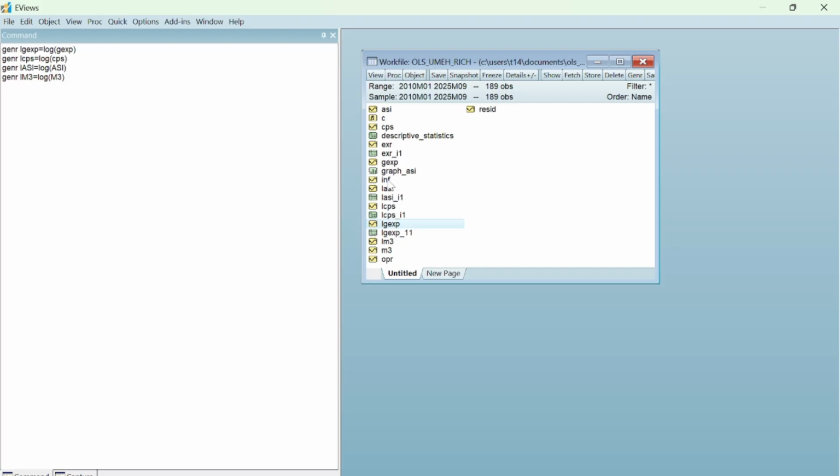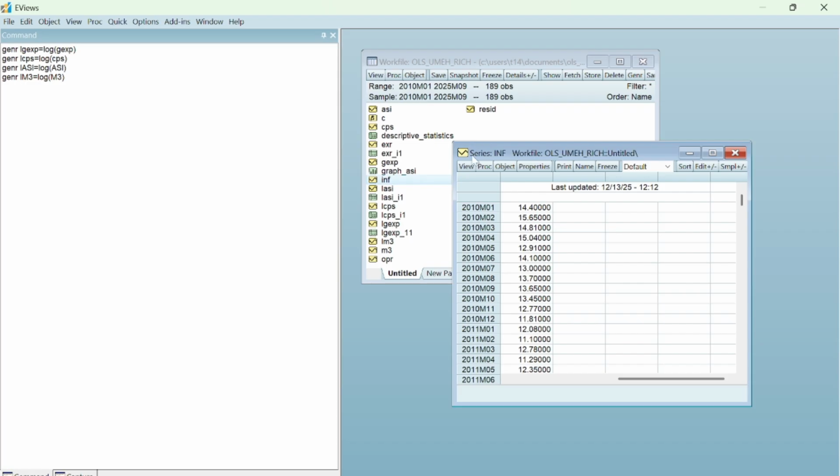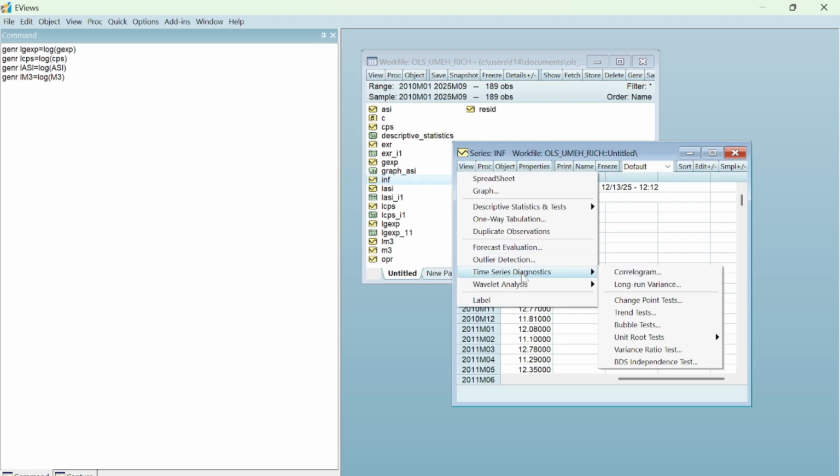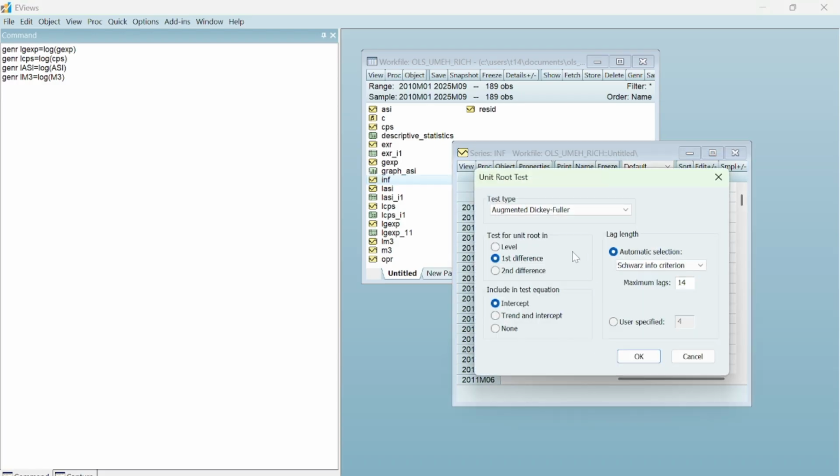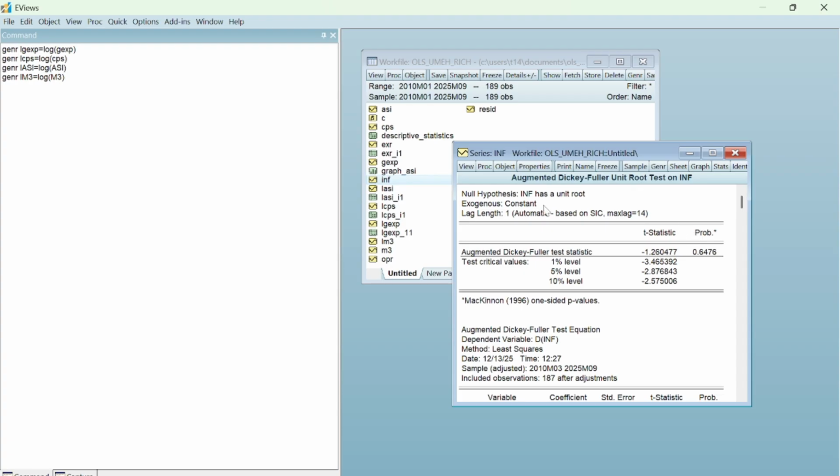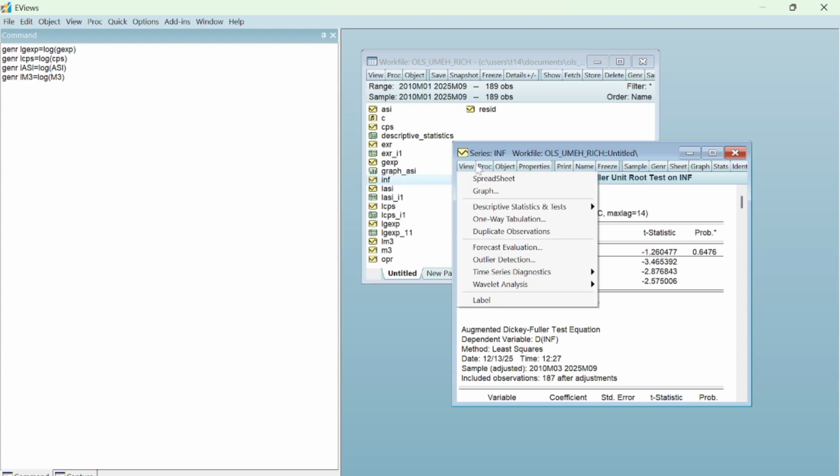The next one is inflation. Inflation is in rates. So go view. We'll click on time series diagnostic, unit roots, standard unit roots, level. Looking at it, you see that it's not significant. I don't know, for Nigerian data, the unit root test for inflation is always significant at first difference.